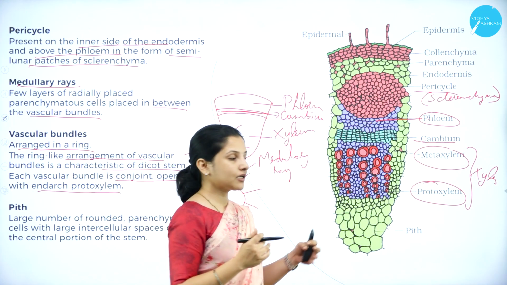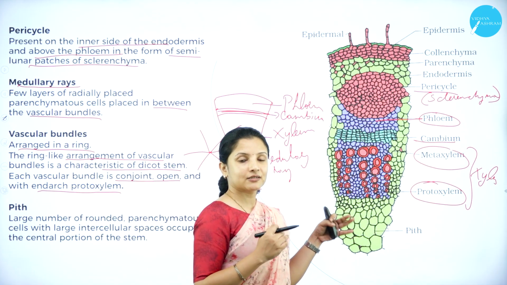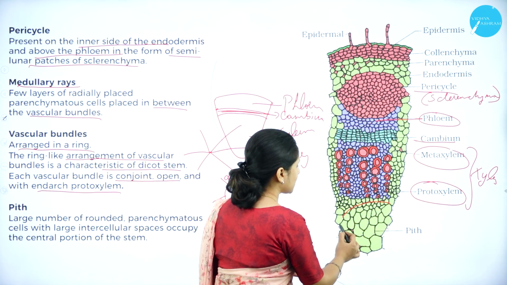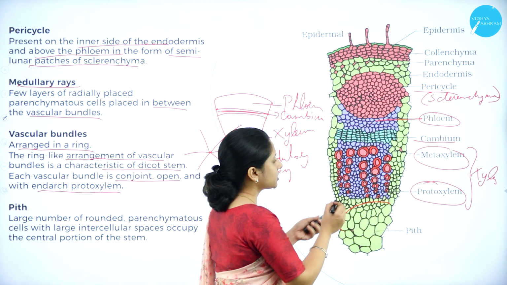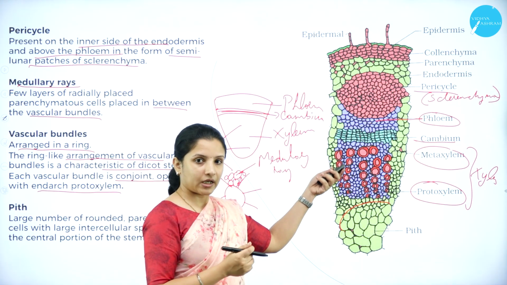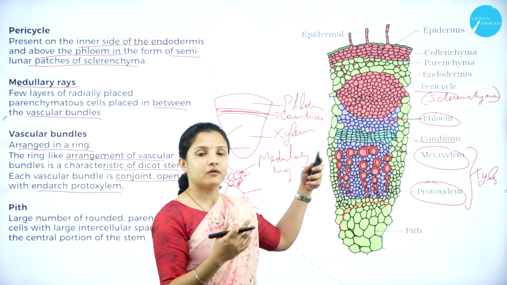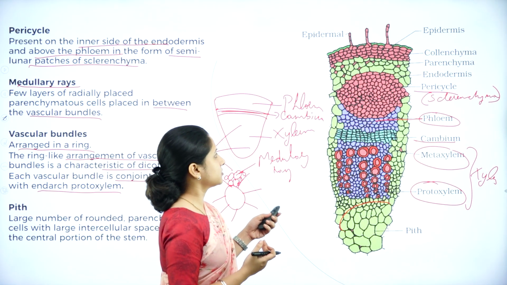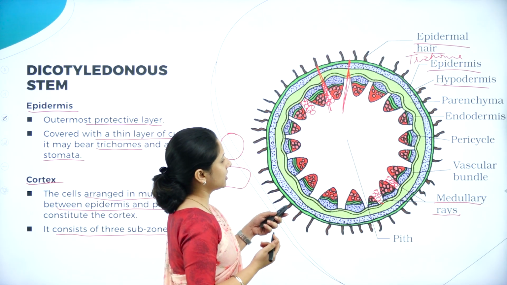Why is it endarch? It is towards the inside. It is facing towards the pith. This is the pith region, the inner region. So it is facing towards the pith, and the metaxylem is facing outside, towards the periphery. That is one of the differences seen here.